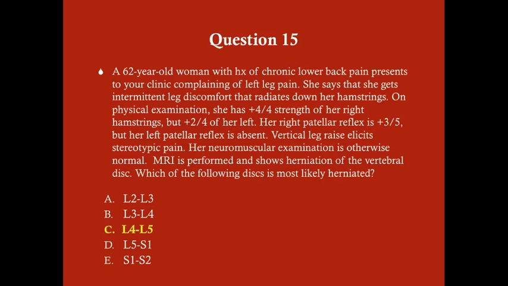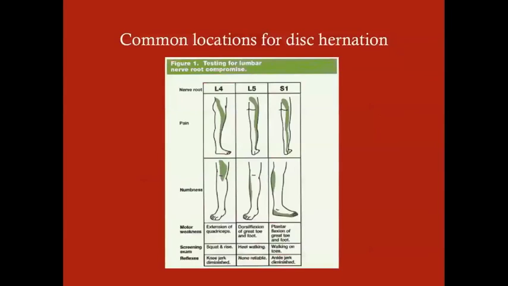Now, unilateral symptoms always suggest disc herniation or osteophyte impingement, which are both complications of degenerative spine disease. And that's a normal manifestation of aging. So common locations for disc herniation are particularly L4, L5, and S1.